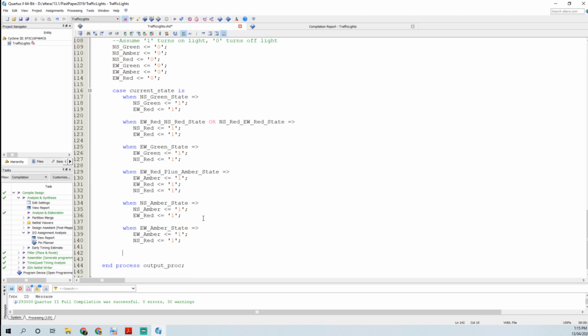Let's now do north-south red plus amber. Right, and that is when my north-south amber light is going to be high. My north-south red light is going to be high. And my east-west red has to be high in that state.